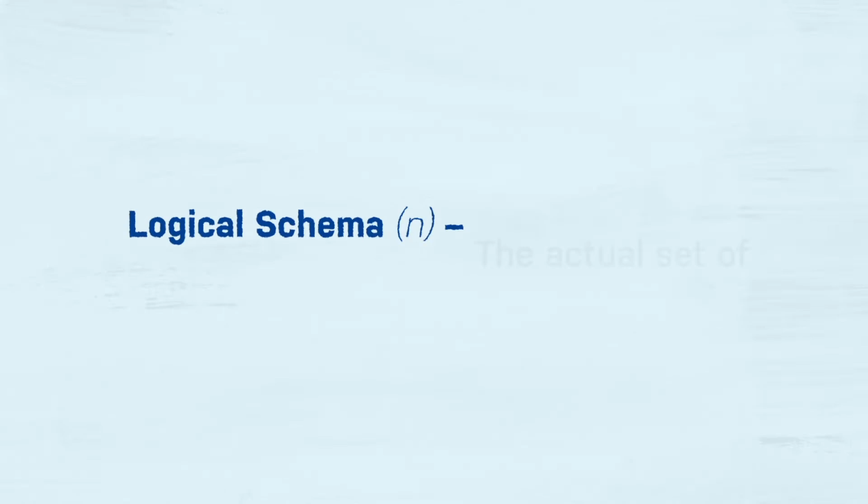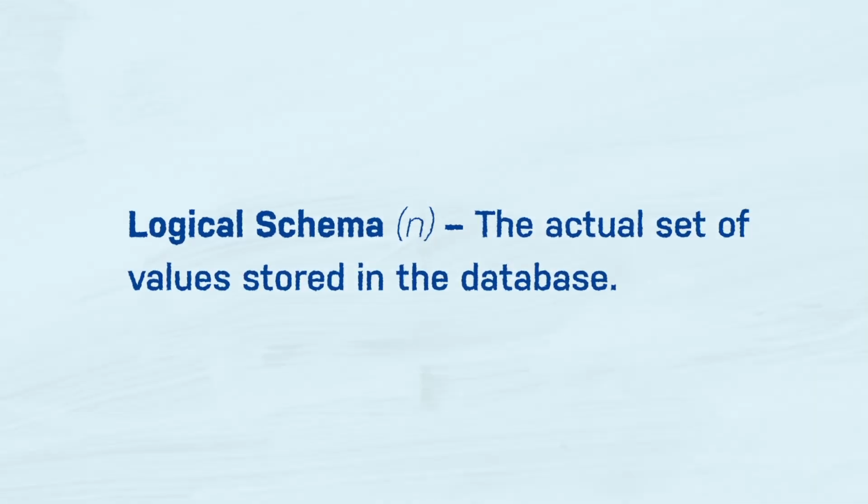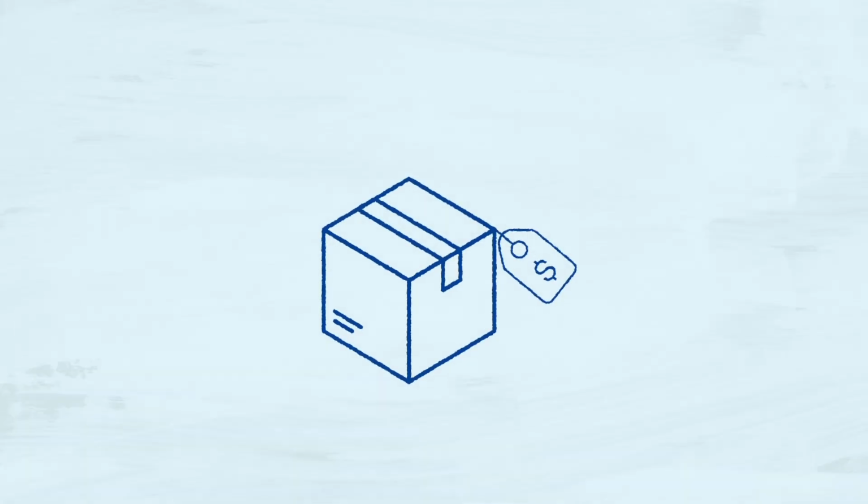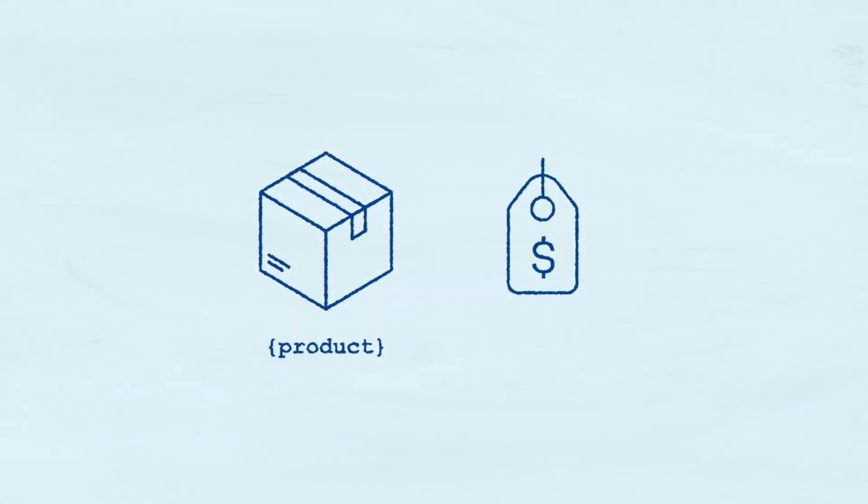To further complicate things, the term schema itself may mean two subtly different things. Logical schema is the actual set of values stored in the database. If, for example, you store a product with a price attribute in your database, then an entity called product with a price attribute is part of your schema.